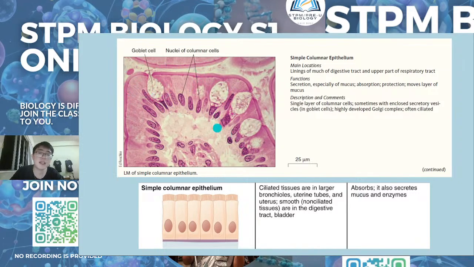You see that the cells are very long compared to the squamous. The cells are very long and narrow, and this one is our goblet cell. The goblet cell is much bigger. Normally this tissue is located in our digestive tract and also respiratory tract. The digestive tract and respiratory tract contain all this tissue.